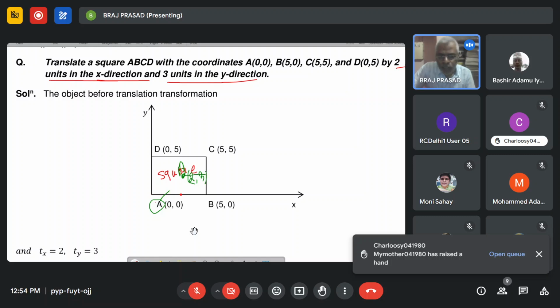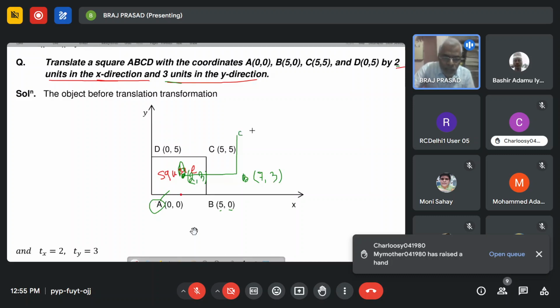Similarly, what will be the coordinate of this B? We have to add 2 to this value 5, so the value of 5 becomes 7, and in y direction we have to add 3 units, so it becomes 3. Similarly, what will be the coordinate of this C?